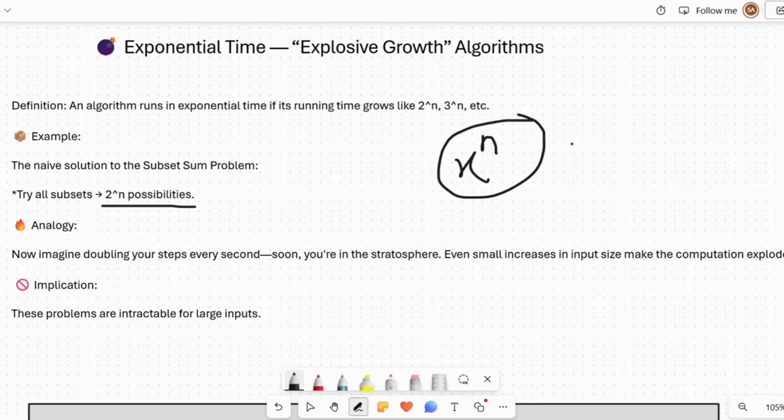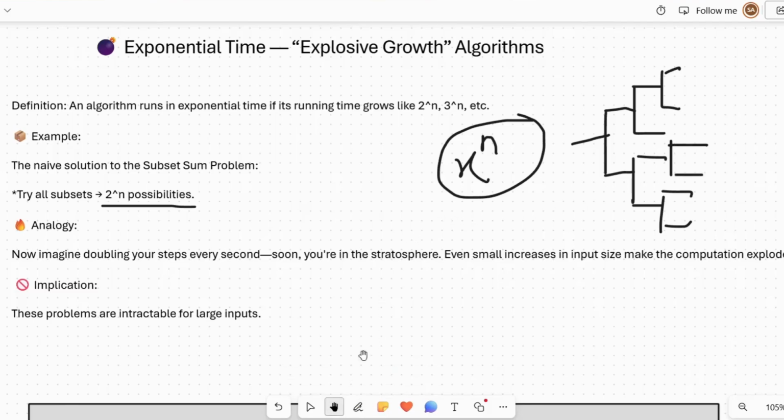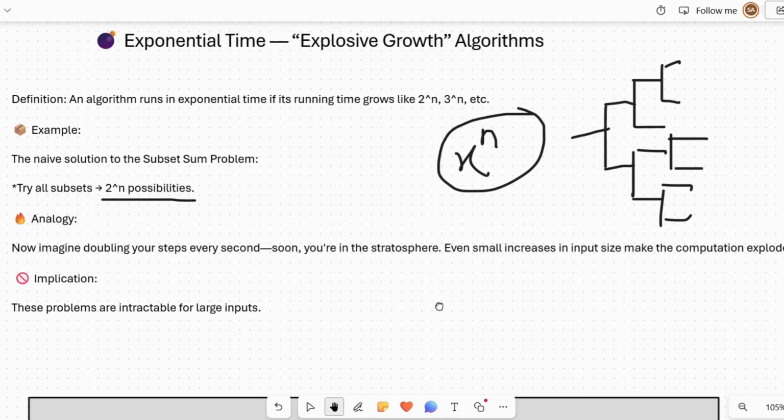For example, for one input, it gets two steps, then four, and so the steps are increasing like this. The more the steps increase, the more time the algorithm takes to run to find the output.